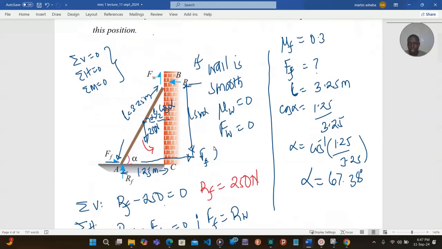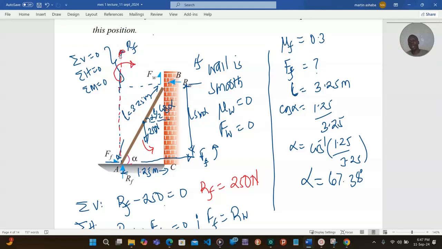This is anti-clockwise, and the clockwise moments will come from RF. So this is going to give a clockwise moment.